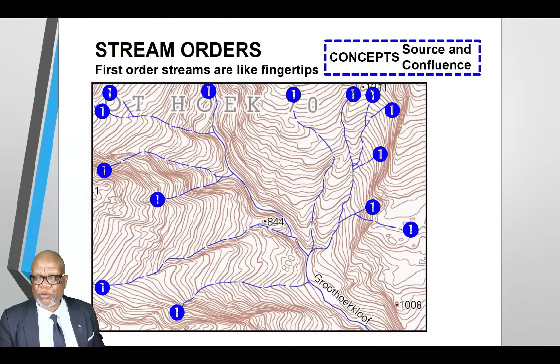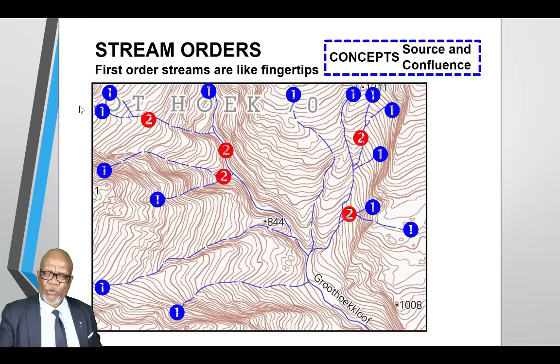Okay, now this is stream order. What do we look at when we're looking at stream order? First, we're looking at first order streams. All the tributaries in a drainage basin are referred to as stream order 1. When stream order 1 and stream order 1 join, they make stream order 2. But you must be careful.